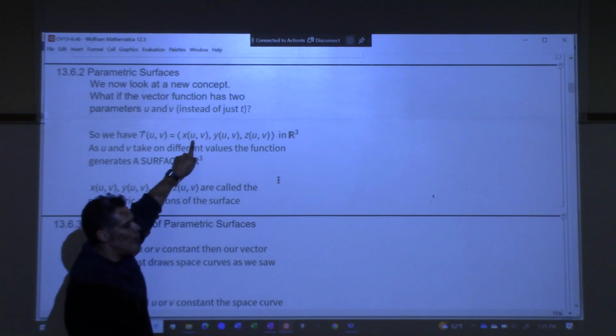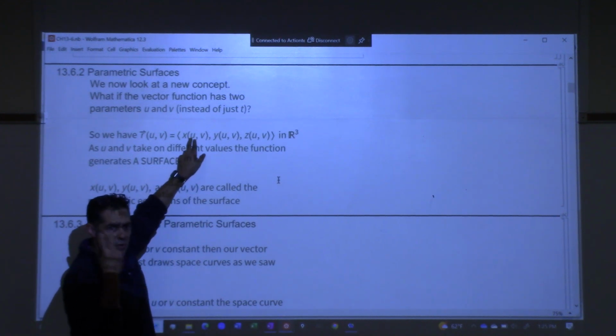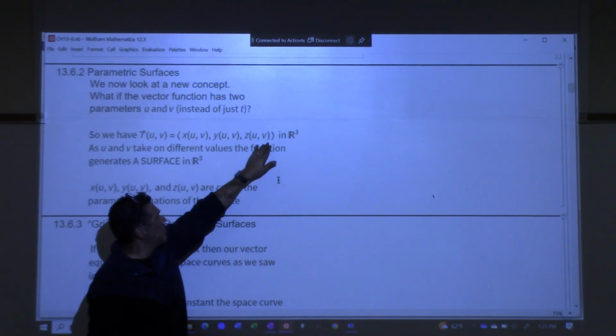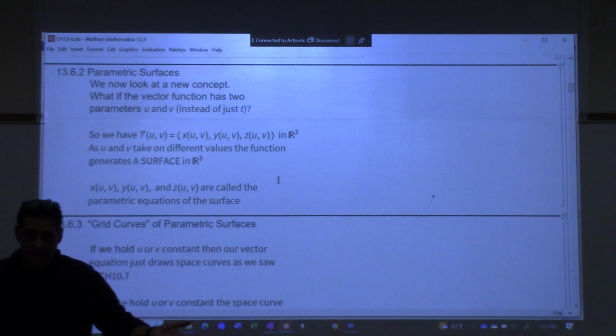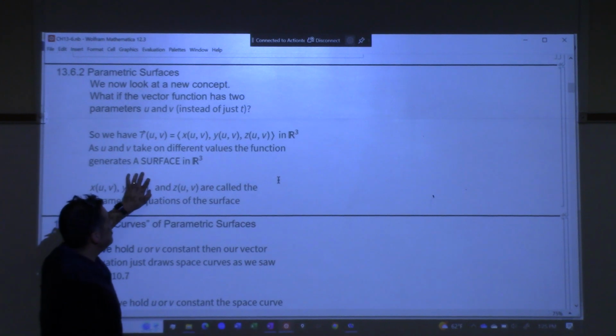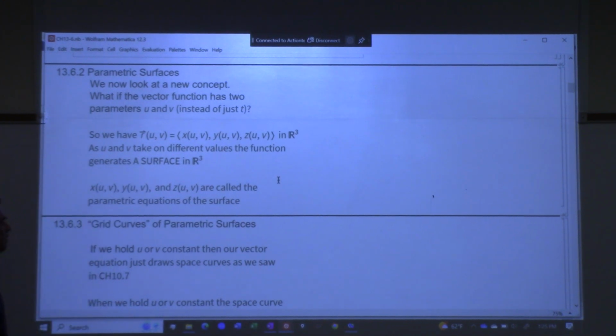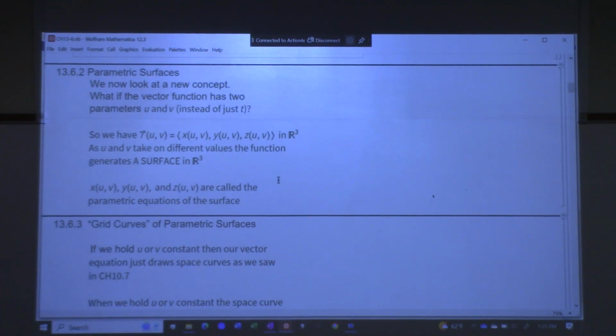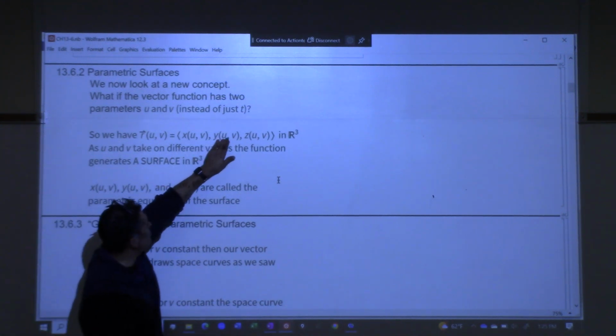The first component is a function of u and v, the second component is some other function, and the third component is some last function of those two variables. As u and v take on different values, the function generates a surface in three-dimensional space. These functions are called the parametric equations of the surface.